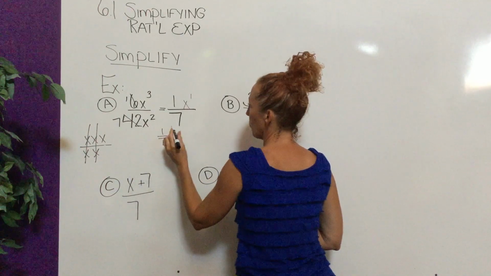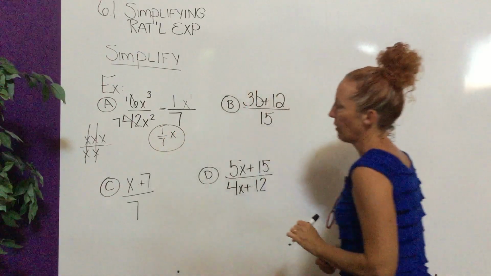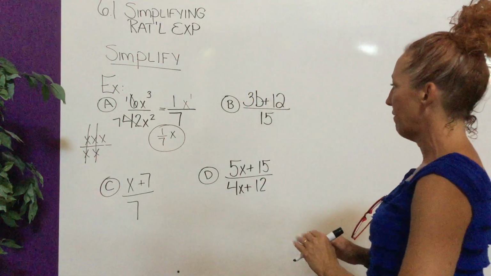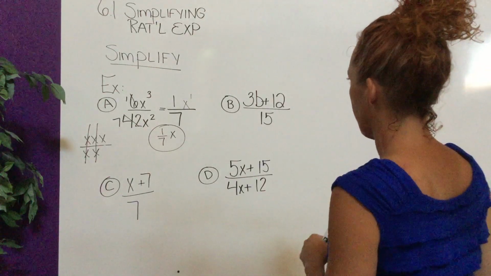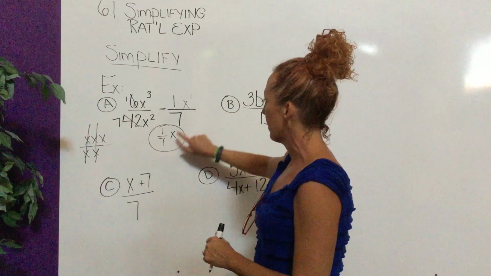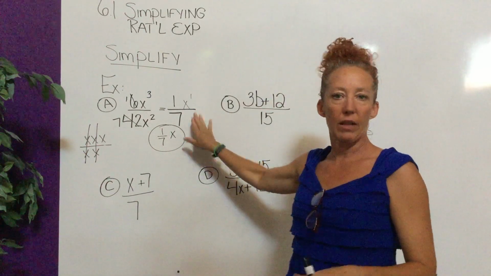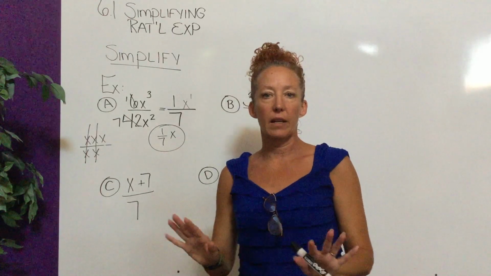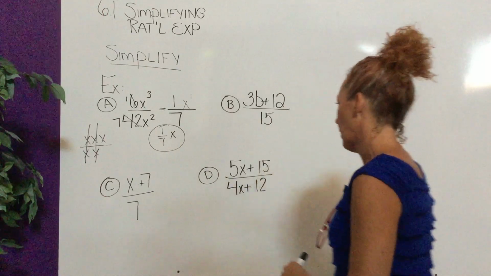It's technically in the numerator, but they probably won't even have you put a 1 right there. If you're getting a little confused on that, just work with the computer program till you figure out how to type that. These two things are equivalent. If we were in the classroom together and you wrote your answer like this, I would give you 10 out of 10, 100%. But the computer will probably only take that way.